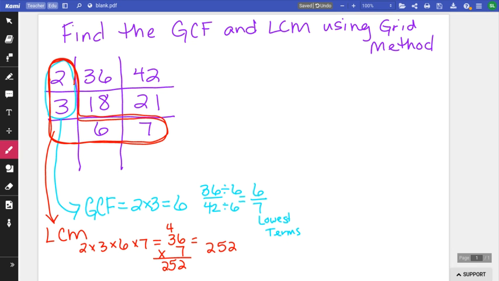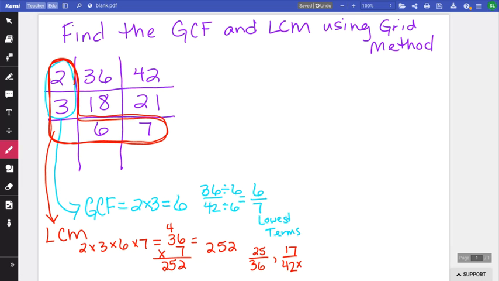This would be used if I had fractions with those denominators. So if I had like 25/36 and let's say 17/42, which probably would never do to you, but if I needed that least common multiple or least common denominator, I would multiply by however many times 42 goes into 252 and multiply that out.